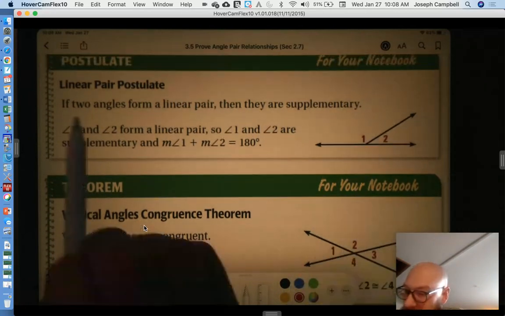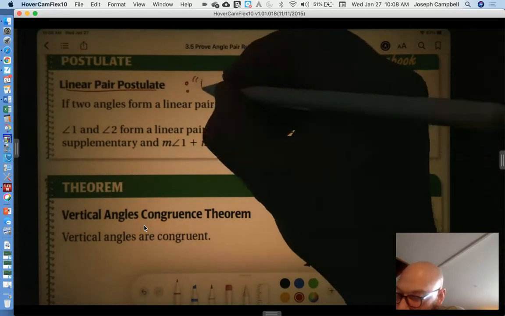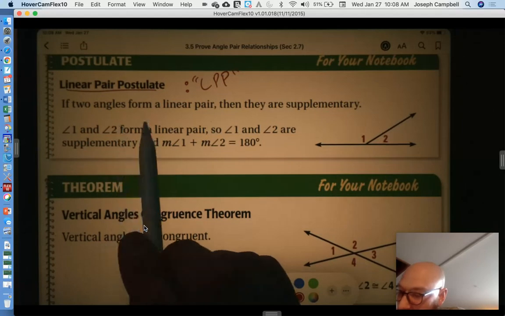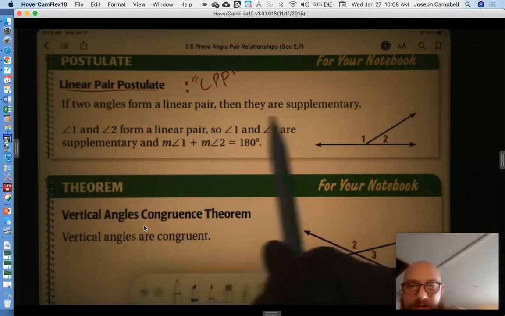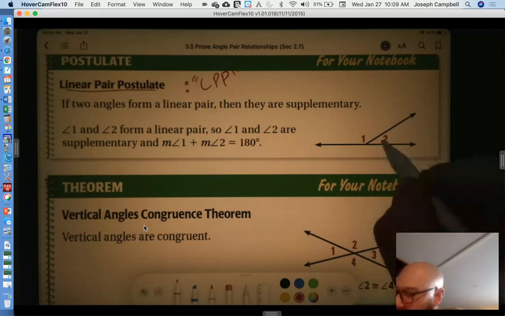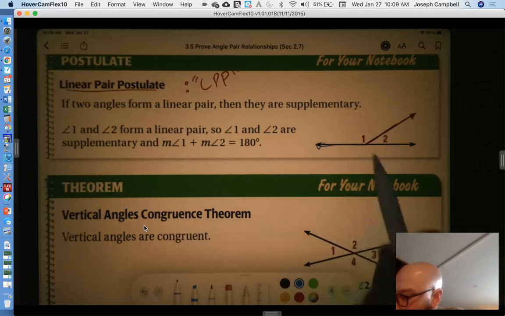This is the linear pair postulate, sometimes endearingly referred to as LPP. Okay, if two angles form a linear pair, then they are supplementary. So this is not the definition of a linear pair. Okay, this is the linear pair postulate. The definition of a linear pair is two angles which share a common side and whose non-common sides form opposite rays.